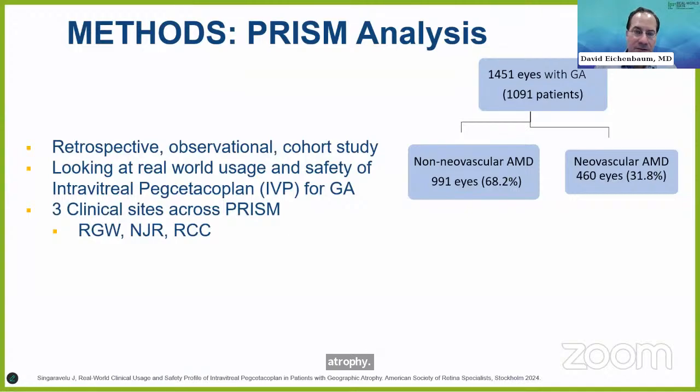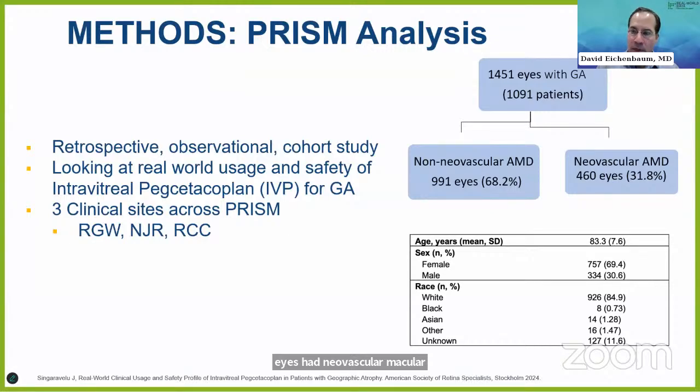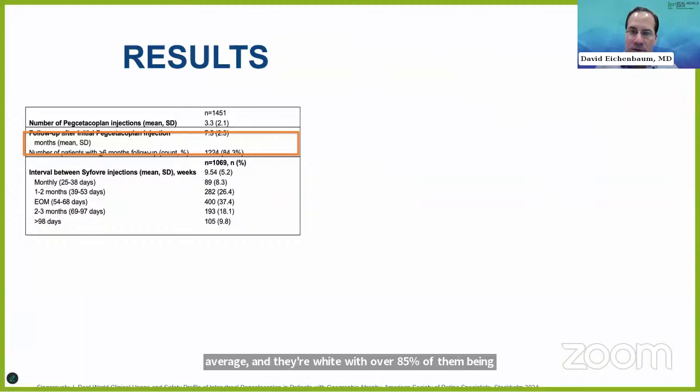About a third of these eyes had neovascular macular degeneration, and 2/3 were pure non-neovascular with geographic atrophy. These patients are old. They're over 83 years old on average, and they're white, with over 85% of them being Caucasian patients. What we'd expect.